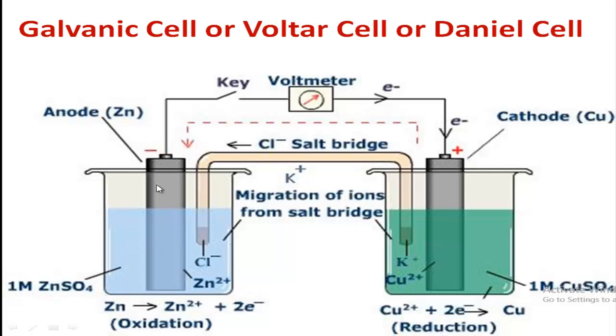From the zinc plate, zinc releases 2 electrons and is converted into zinc ion, and this zinc ion mixes with the zinc sulfate solution. Inside the zinc sulfate solution, there is also zinc ion present. So from the plate, zinc releases 2 electrons and is converted into zinc ion and mixes with this solution.